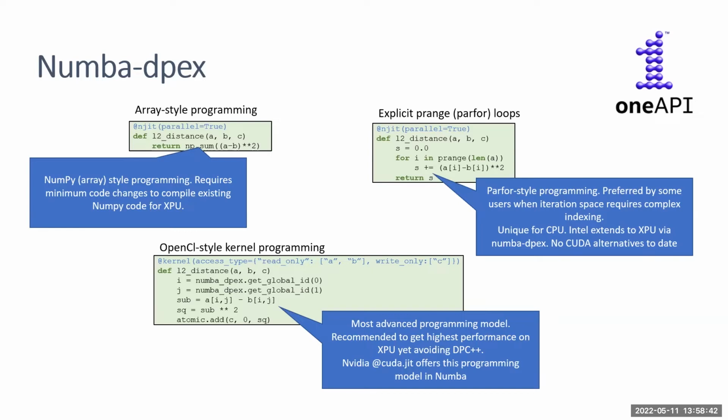Global ID is nothing but a single item in the complete global iteration space. You get the global IDs of those elements and use them in the program. This is very common in GPU programming for programmers who already have SYCL and GPU programming experience. There are several advantageous features you can use, such as synchronization, fencing like atomic fences, and shared local memory. So this is OpenCL-style kernel programming, which is the third programming style.